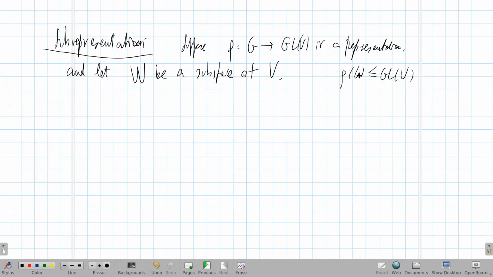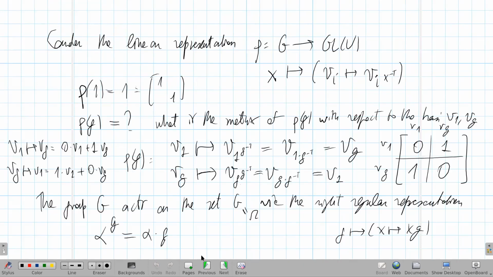And so rho G is a set of maps on V, and of course we could do the usual thing, restrict rho G to W. But as usual, when you restrict a map, you can restrict the domain, but not the codomain, okay? So for instance, just to come to our previous example, if I restrict rho G to the subspace generated by V1, this will map the subspace generated by V1 onto the subspace generated by Vg.